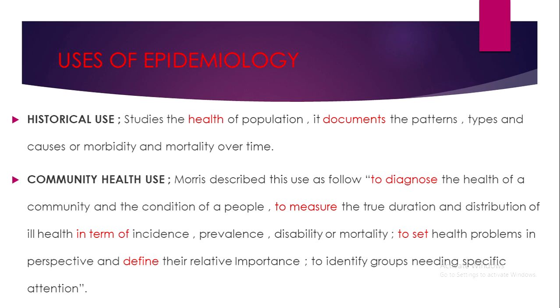Incidence, which means the new cases, prevalence, the already existing cases, disability, which we already discussed, and mortality. To measure these things, we want to set a health problem in perspective and to define its relative importance, so that we can identify the group which needs specific attention. So this is a community health use of epidemiology.